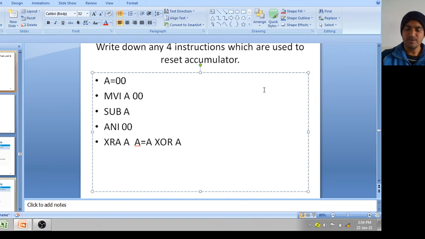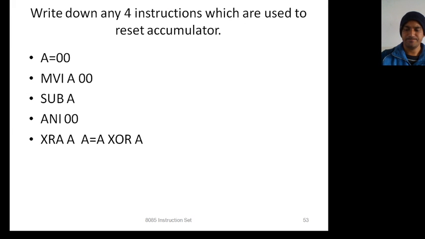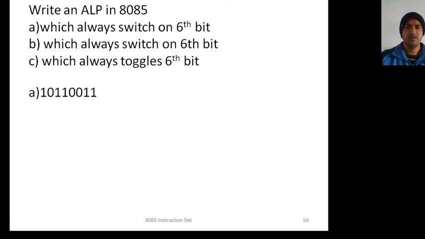Okay. Now next we will see the next set of instructions. Suppose you have to implement an assembly language program in 8085 which always switches on the 6th bit.